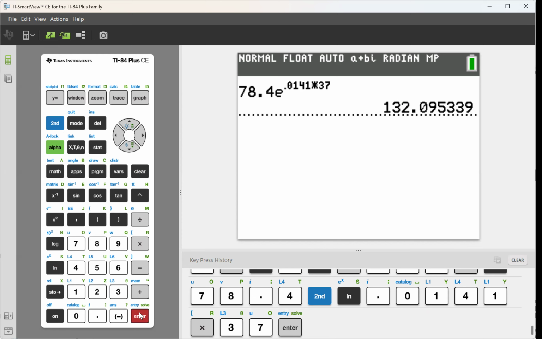And we get the population after 37 years is 132.095339. And it tells me to round this to one decimal place. So I'm rounding the 0. Since the number to the right of 0 is 5 or bigger, I round the 0 up to 1. So that's going to be 132.1.